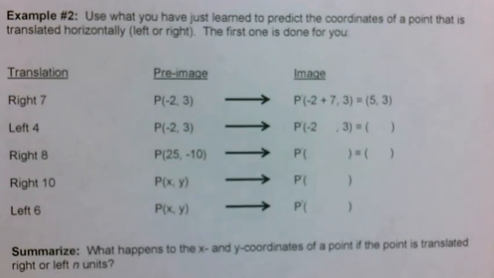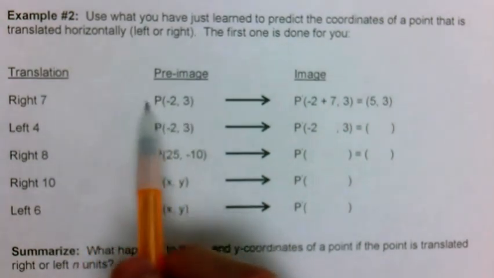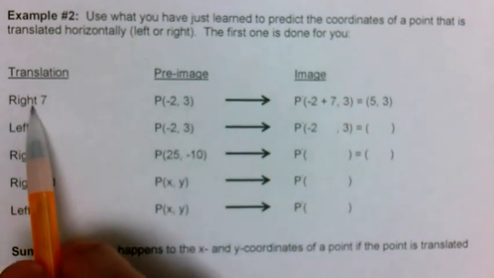In our next example, we're going to use what we learned in our previous example to predict coordinates of a point when it's translated horizontally, meaning left or right. Remember that a left-right translation is going to change the x-coordinate because the x-axis is what moves right or left on your graph. In this first example, we took some point at -2, 3, and we moved it right 7 units.